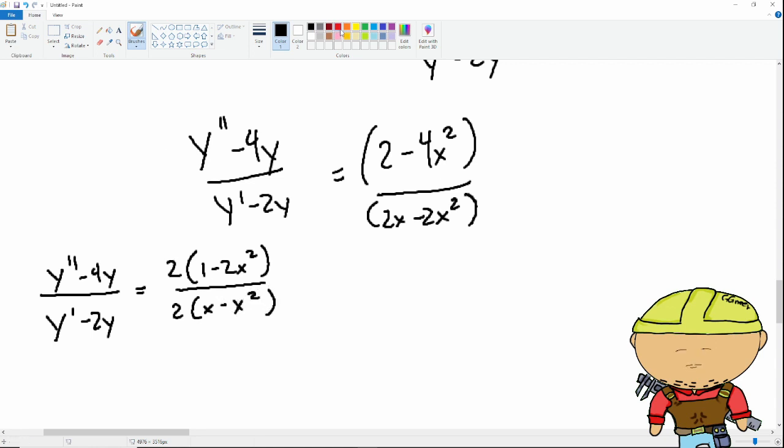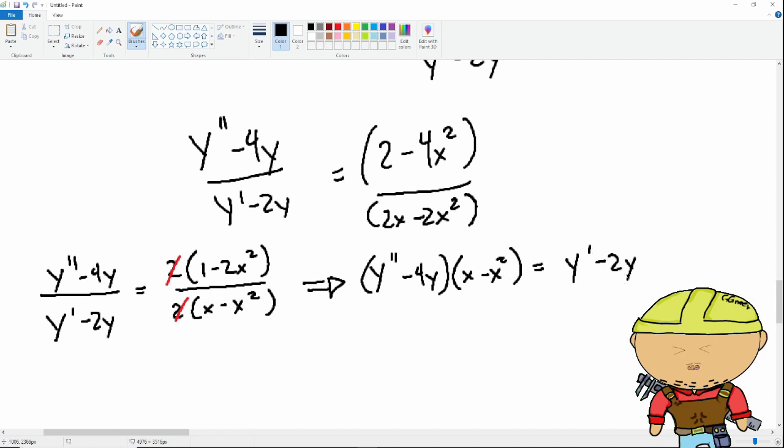Eliminate 2, and I'm going to proceed with cross multiplying the numerator and denominator, so it will become y double prime minus 4y, multiplied by x minus x squared. That's the denominator on the right side. Then y prime minus 2y multiplied by 1 minus 2x squared.